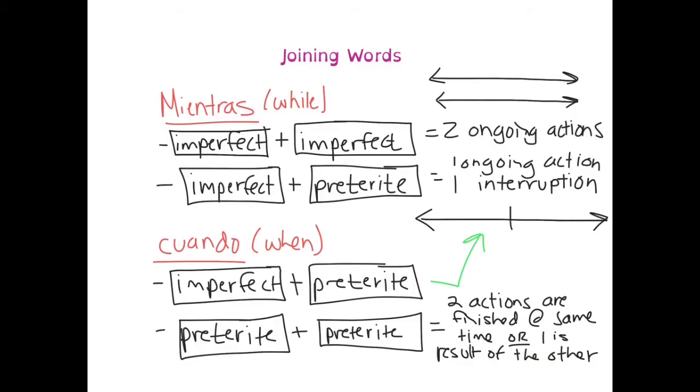So that's more along the lines of like the cat jumped when the door slammed. Because the door slammed, the cat jumped. Two things that happened in the moment, one being the result of the other. And that's why you have preterite and preterite. Now again, the orders are not always the same here for these ones that could have either or. So be aware that these could flop.